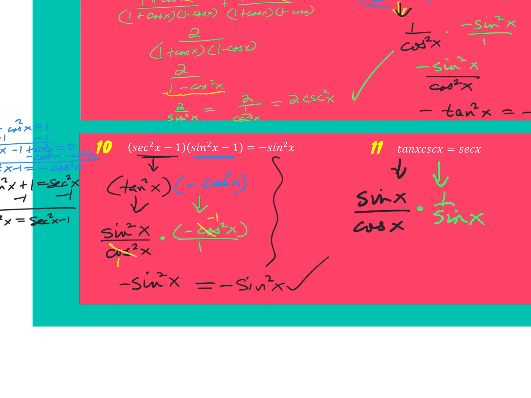These are being multiplied. I can simplify diagonally, make them 1s, and then I'm left with 1 over cosine x, and the reciprocal to cosine is secant. So this simplifies to secant x, which is what it wanted me to get to.